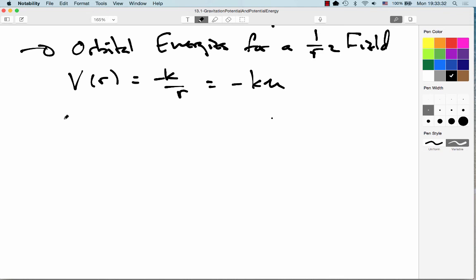So we can write the energy equation of the orbit.